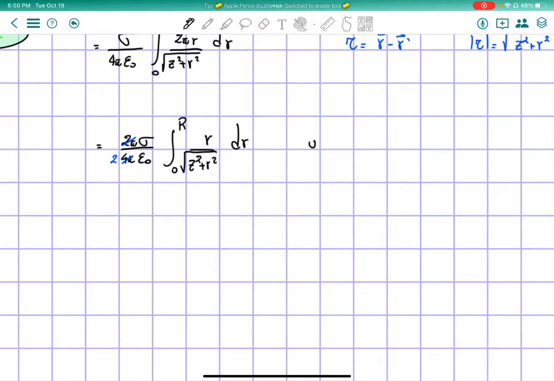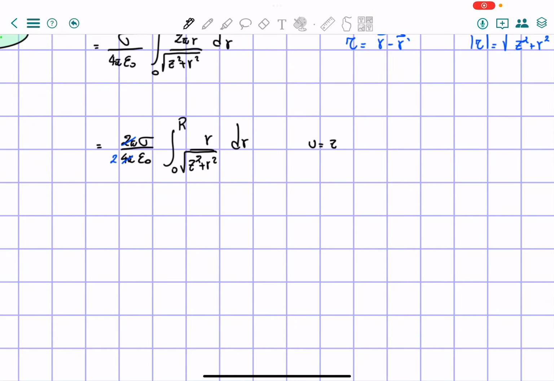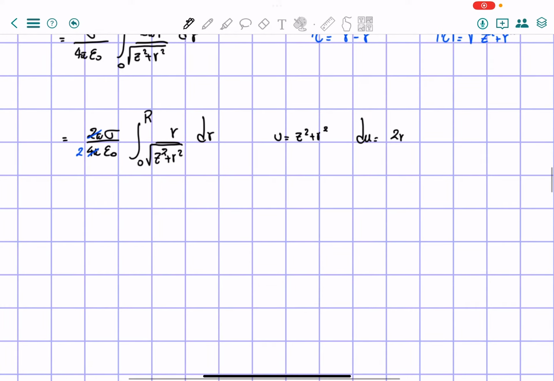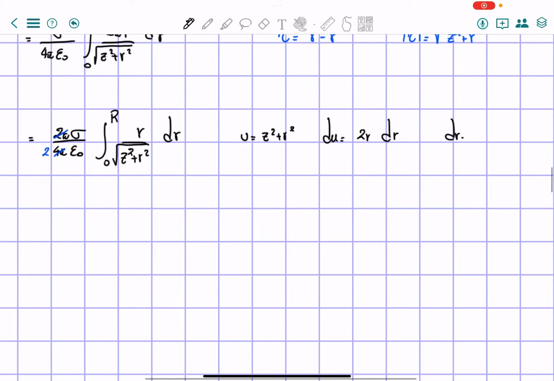We can say that u is equal to z squared plus r squared. So du is equal to 2r dr. So dr is actually equal to du over 2r.